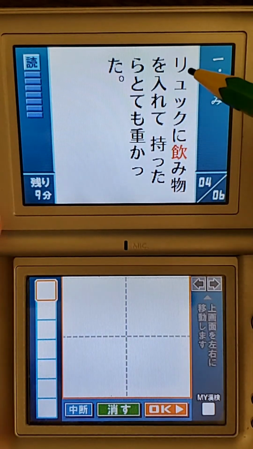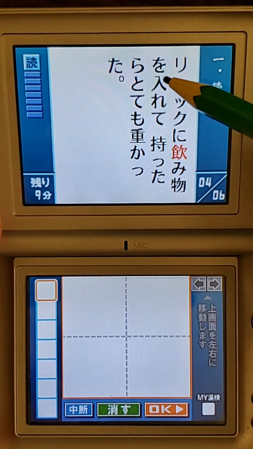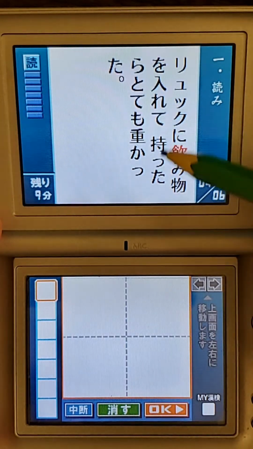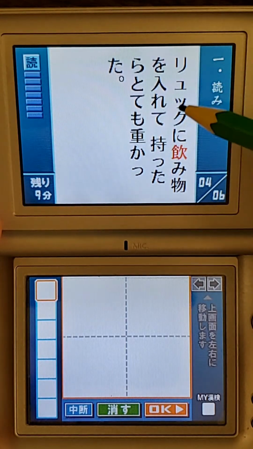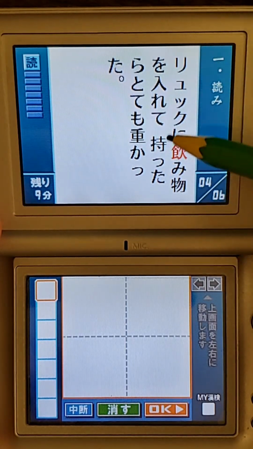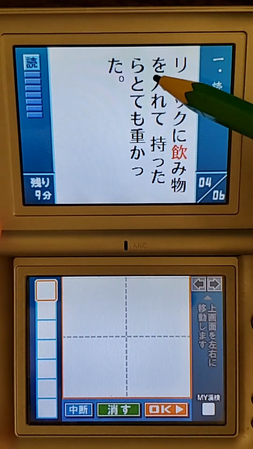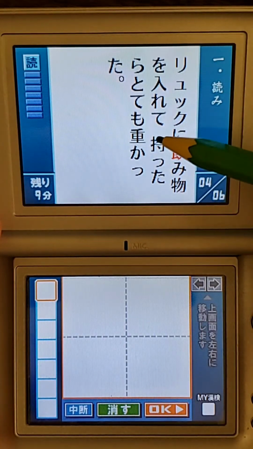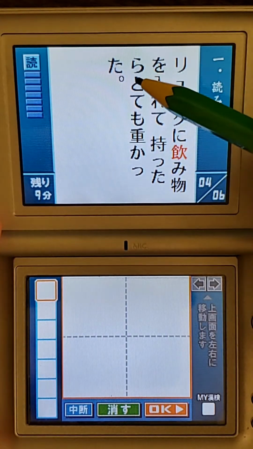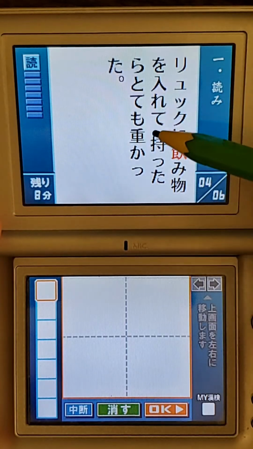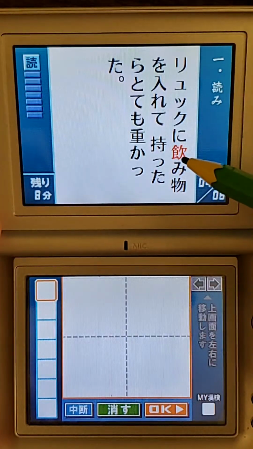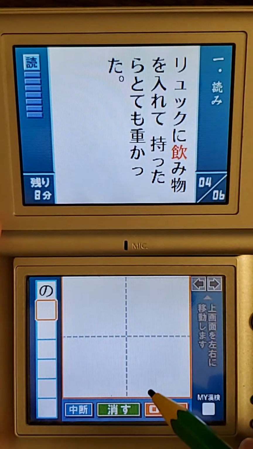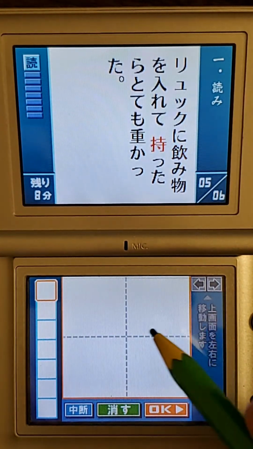リュックに飲み物を入れて持ったらとても重かった。So I put drinks in my backpack or my bag. 入れて, put in. 持ったら, so when I pick it up, it was very とても重かった, heavy.